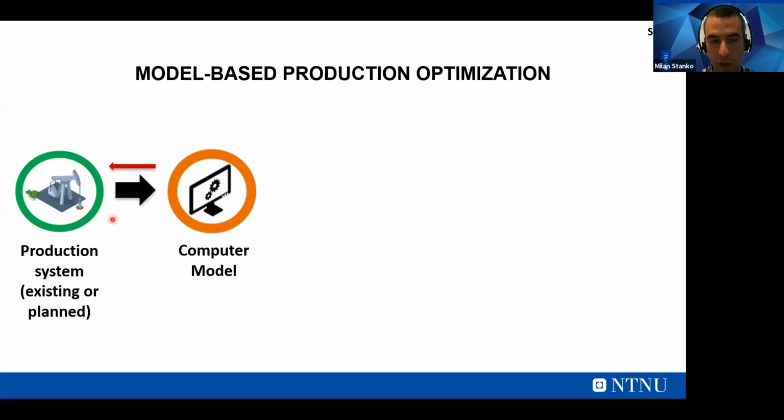For example, maybe something happened in the formation that is producing less than expected, or something is happening in the tubing. So by creating the model and computing, you will see some discrepancy, but actually you can try to improve the system by doing that process.